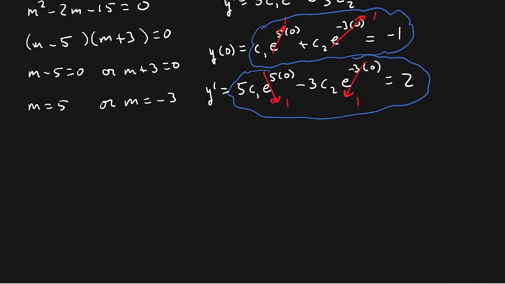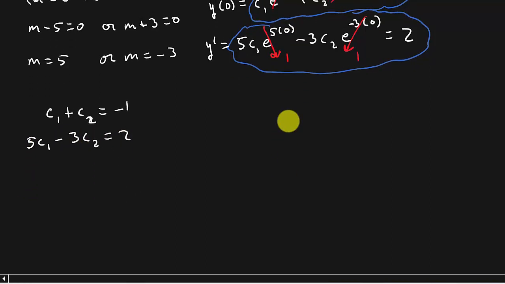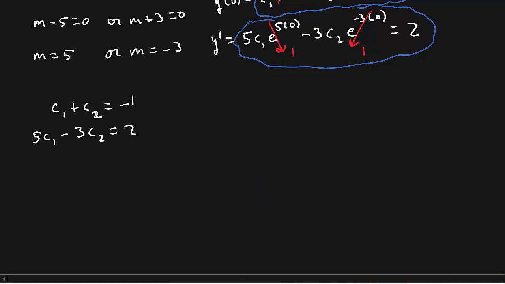So this tells me that C1 plus C2 is equal to -1. And this tells me that 5C1 minus 3C2 is equal to 2. So now I have a system of equations to solve. So let's see, to do that, I can multiply this by 3. So then when I add them, the C2s will go out.